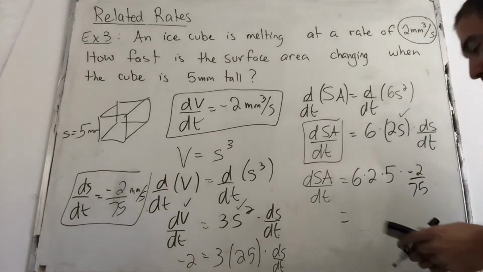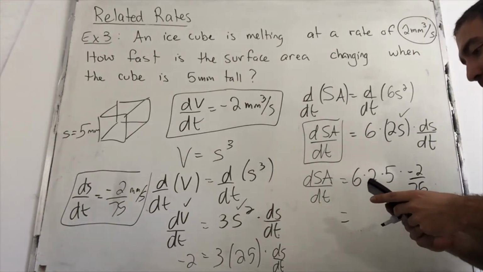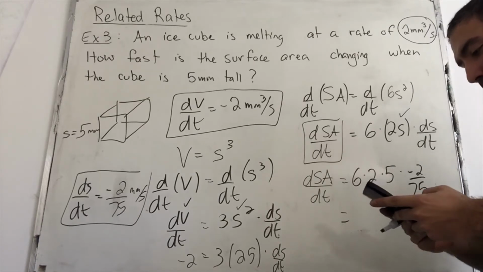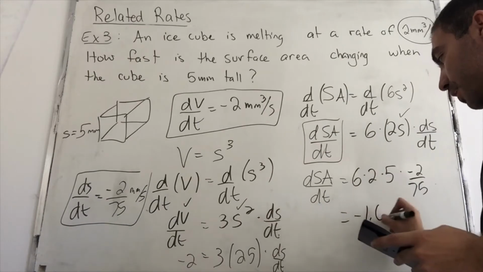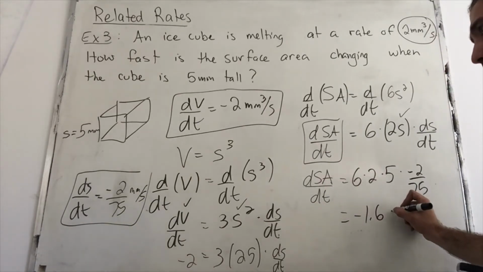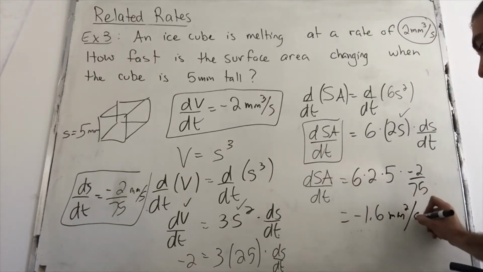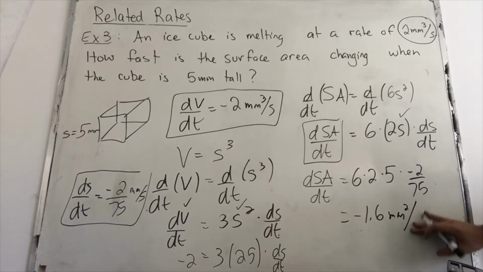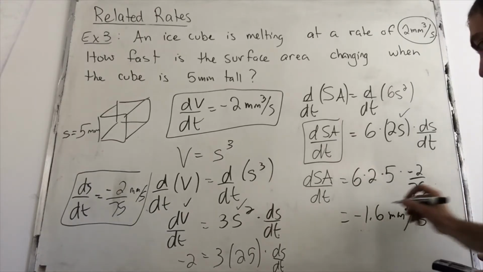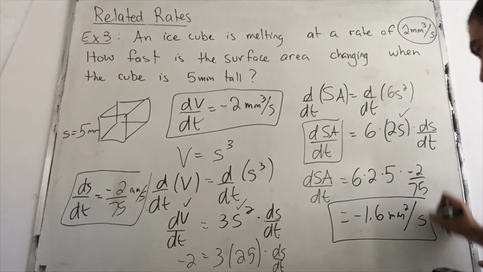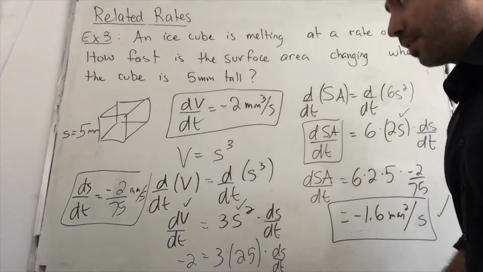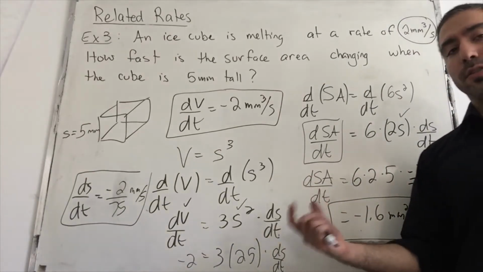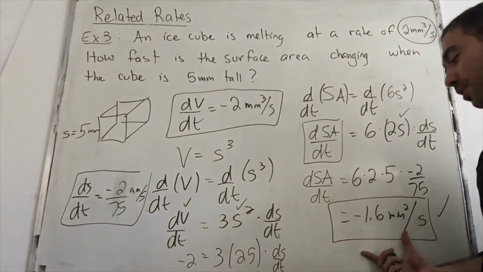This gives us 6 times 2 times 5 divided by 75. I'm getting about -1.6. Change in surface area. Surface area is millimeters squared per second, not per minute. Oh no, it's per second. And that's the final answer. And the fact that it's negative makes sense because, again, the volume is decreasing. We'd expect the surface area of the cube to decrease as well.